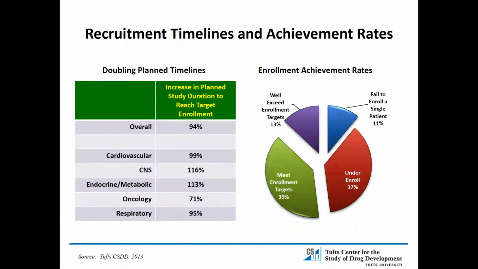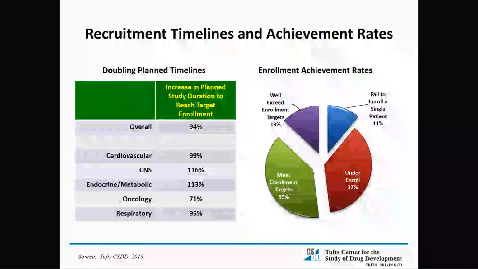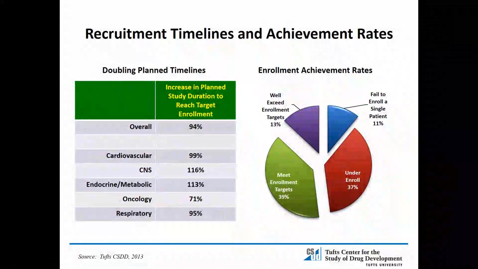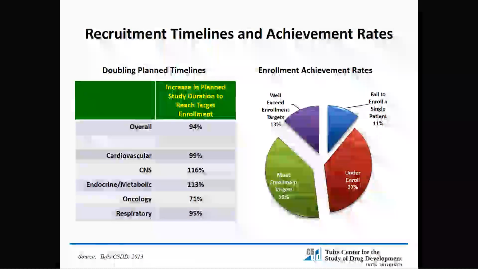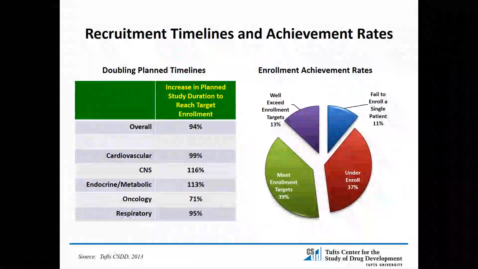And about 40% of sites will under-enroll. This is a very costly segment because they've been activated. They have to be monitored, and these sites have to be managed. And so this particular group is of great challenge for industry to manage. And a lot of this is due to the executional feasibility challenges posed by our protocol design.